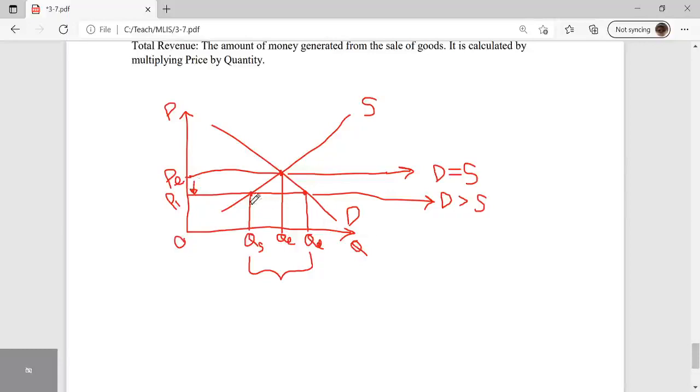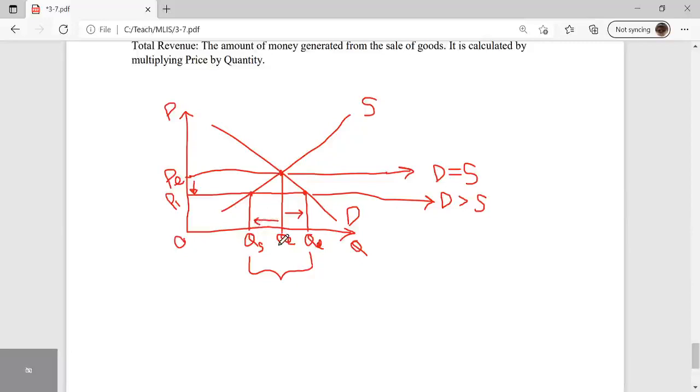So see what will happen. The price is falling, so people will try to buy more. And the supply will be discouraged because the price is falling, so there is less profit, so they will be discouraged to sell, and they'll reduce the supply.